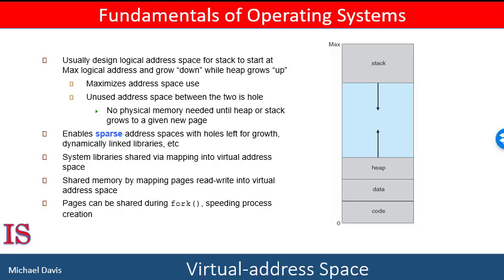Notice in the figure on the right that we allow the heap to grow upward in memory as it is used for dynamic memory allocation. In computer science, a heap is a specialized tree-based data structure. The heap is one maximally efficient implementation of an abstract data type called a priority queue that we talked about earlier.